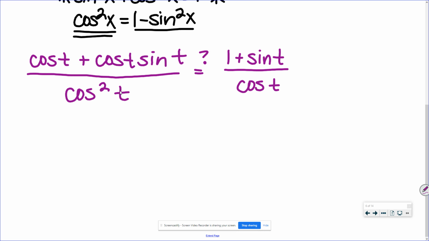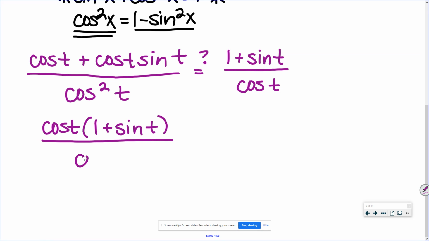So far, everything is starting to look similar. If you look at the top, it now has a plus sign, and that's what we want. The bottom has a cosine, that's what we want. We just need to simplify. So if I go back to this numerator and I factor out a cosine of t, it's going to look like this.